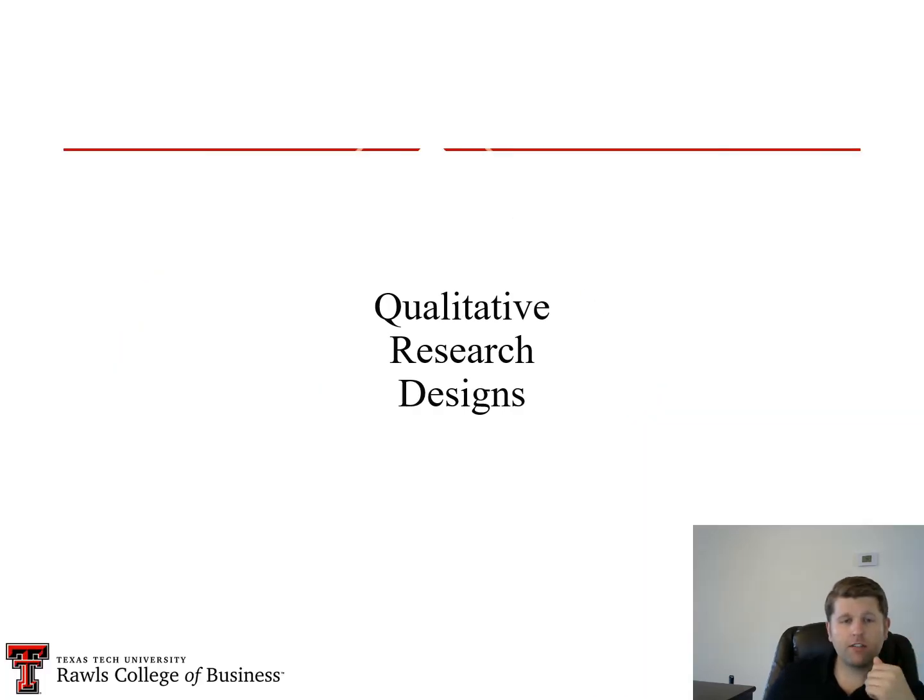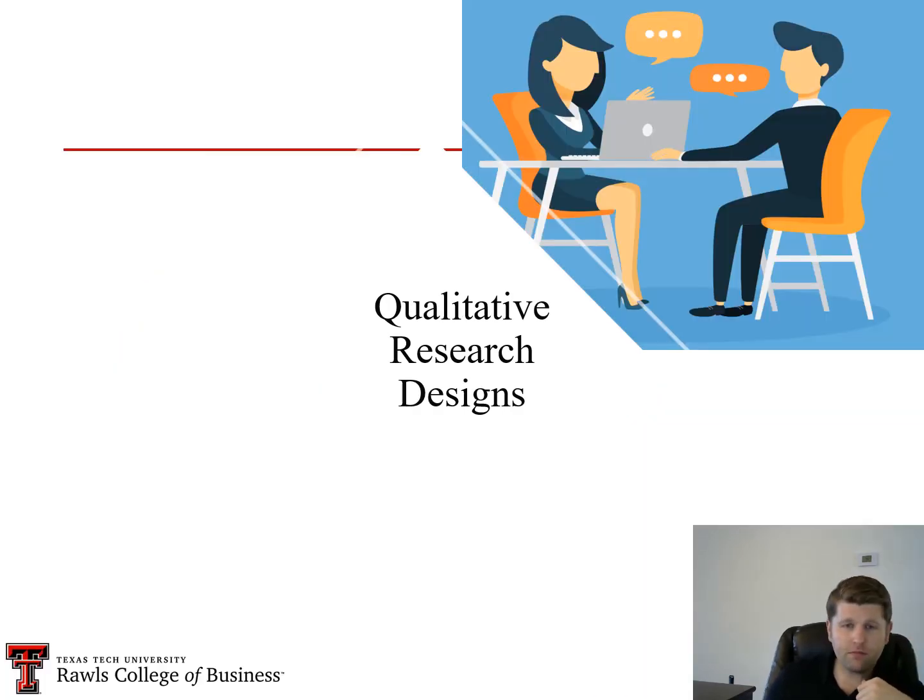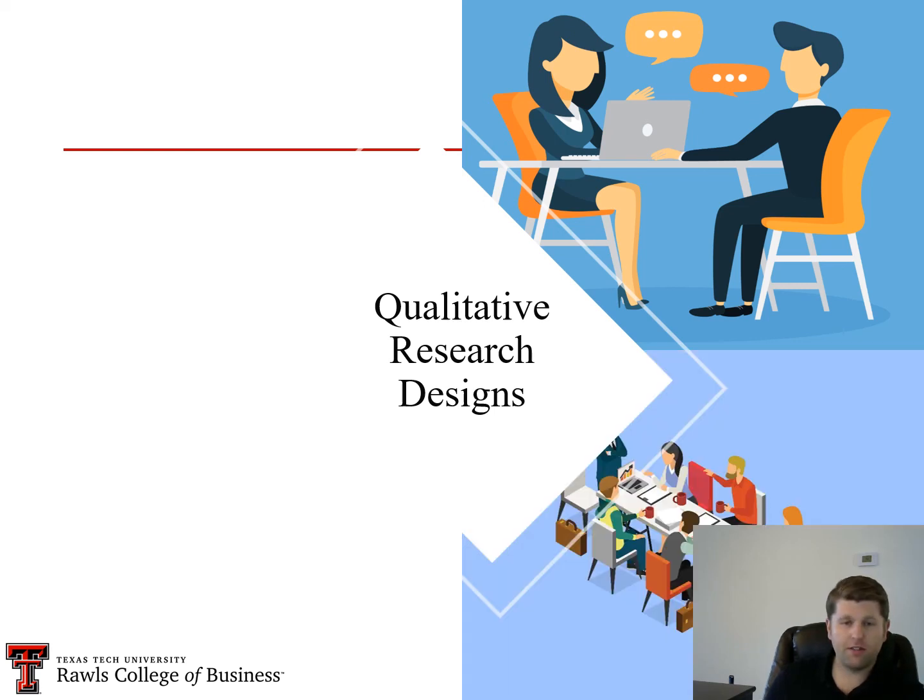In contrast, for qualitative research, we can have these one-on-one interviews. I had mentioned those, and those are very common. They can be informal or formal, structured, semi-structured, unstructured. So lots of different ways that we could go about this interview process. I'm not going to go into the details, but you could look that up, like I said, on my YouTube channel for those marketing research videos if you're interested.